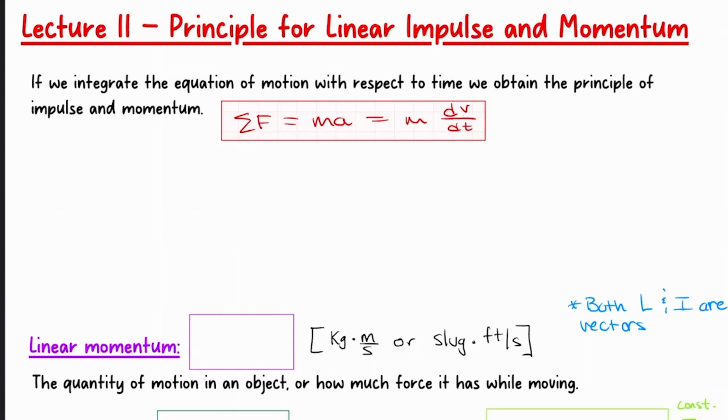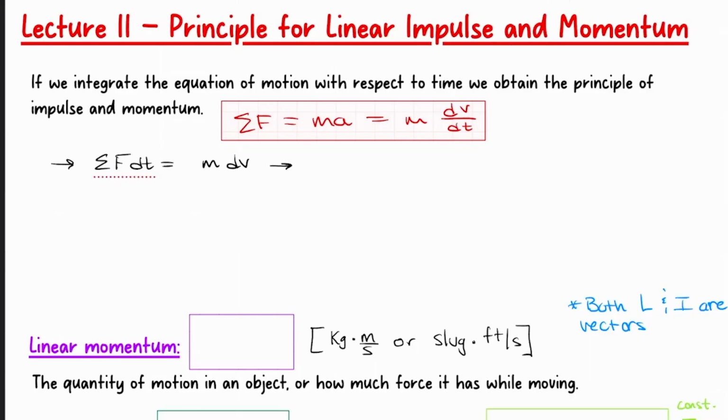If we rearrange, we can then get that the summation of forces times dt equals mass times dv, once again considering that mass is constant.